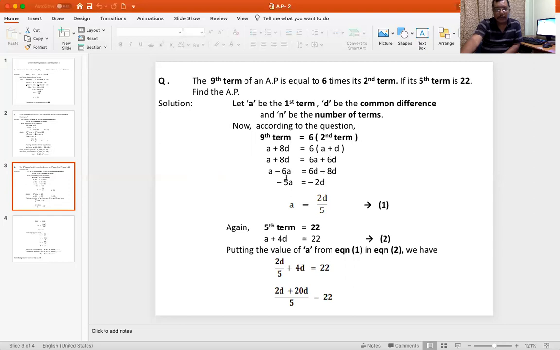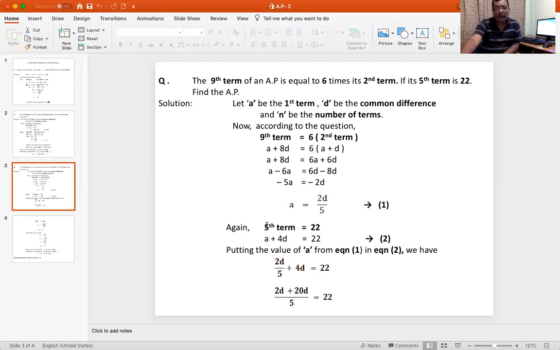So A minus 6A is minus 5A will be equal to 6D minus 8D, which is minus 2D. Now minus and minus get cancelled, so we have A equal to 2D divided by 5. We call this equation number 1.